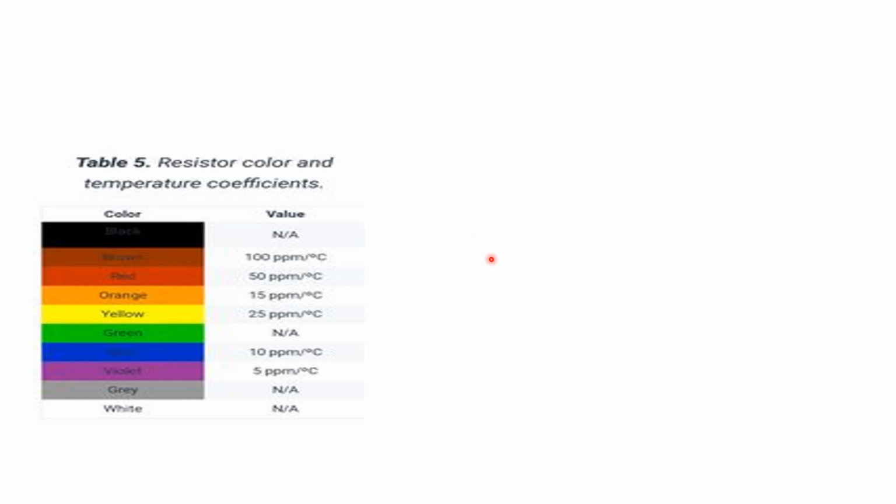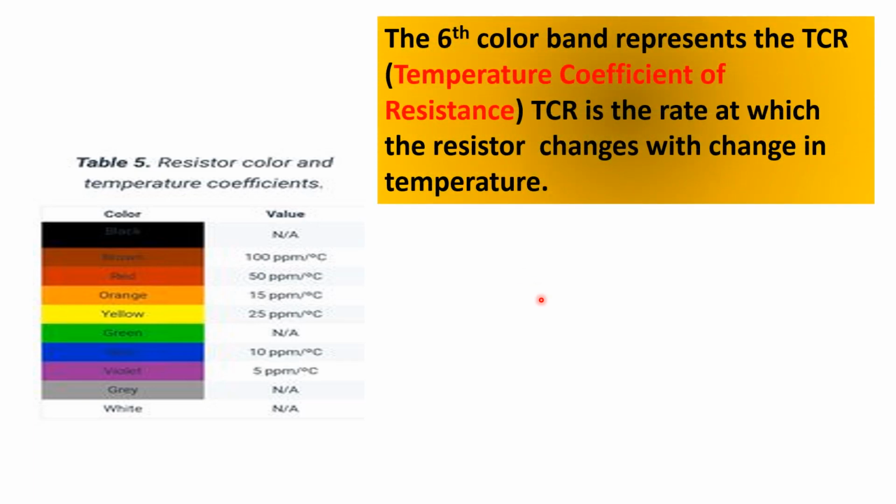Before we discuss the last question, we'll first talk about resistors having a 6-color band. The 6th color band represents the so-called TCR, also known as temperature coefficient of resistance. This TCR means the rate at which the resistor changes with change in temperature.